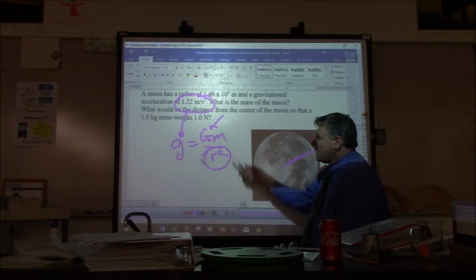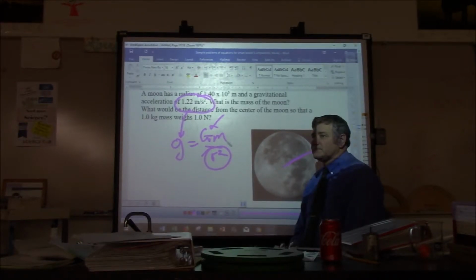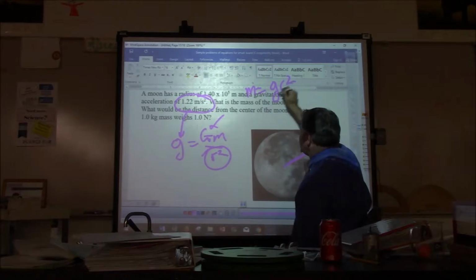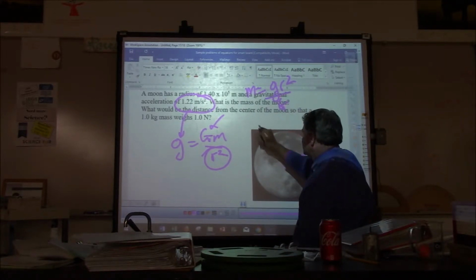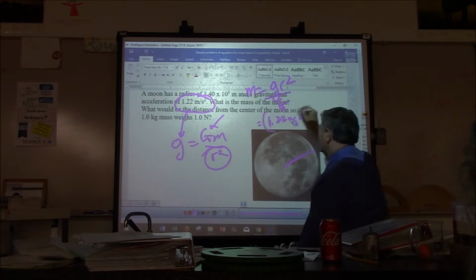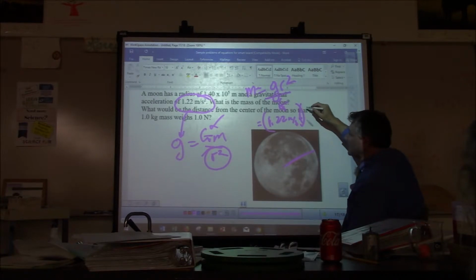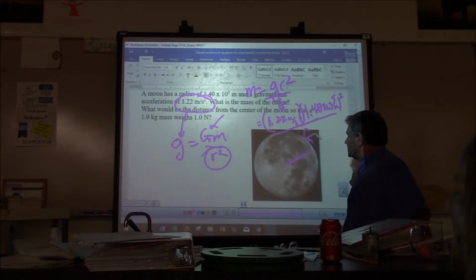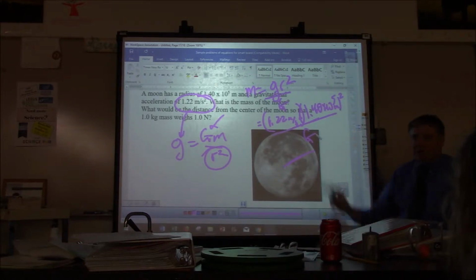So Olivia, how am I going to get mass by itself? You multiply by r squared and then divide by G. Beautiful. So my mass is going to be little g times r squared over big G. So I have 1.22 meters per second squared times the radius of 1.40 times 10 to the 5th meters, squared, and then divide that by big G. Don't forget to square that radius.